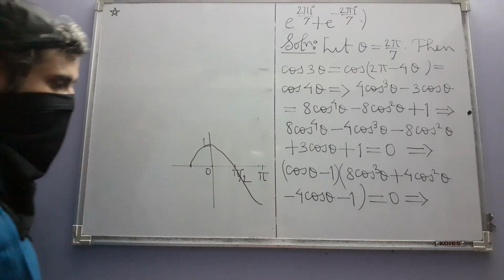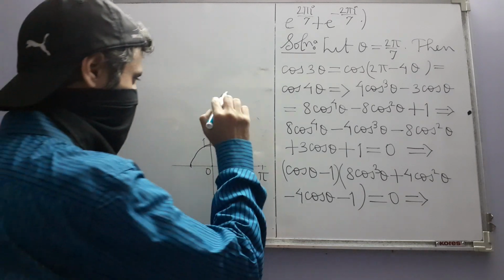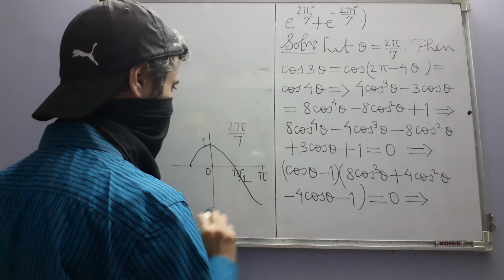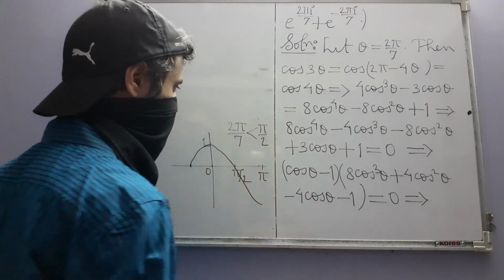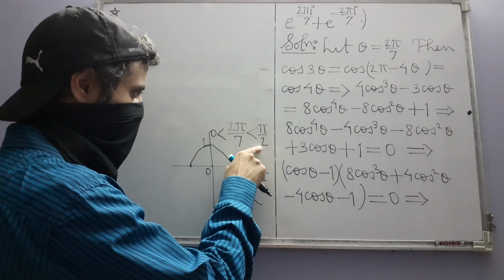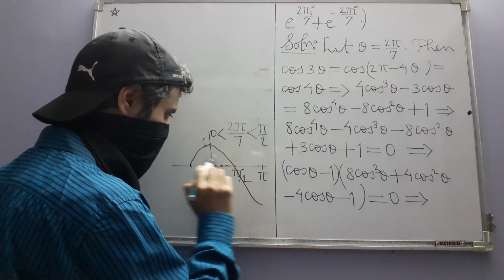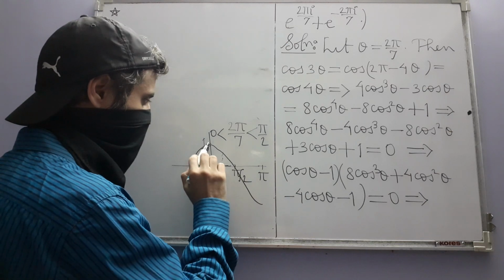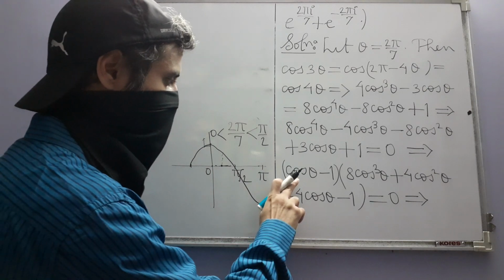At pi it becomes minus 1. And what is our 2 pi over 7? Where does this 2 pi over 7 lie? Is it less than pi over 2? It's of course greater than 0. Yes, because 4 pi is less than 7 pi. So it is here somewhere. And obviously it's not 1 because in this region it becomes 1 only at 0. Okay, so that's why cos theta is not equal to 1.